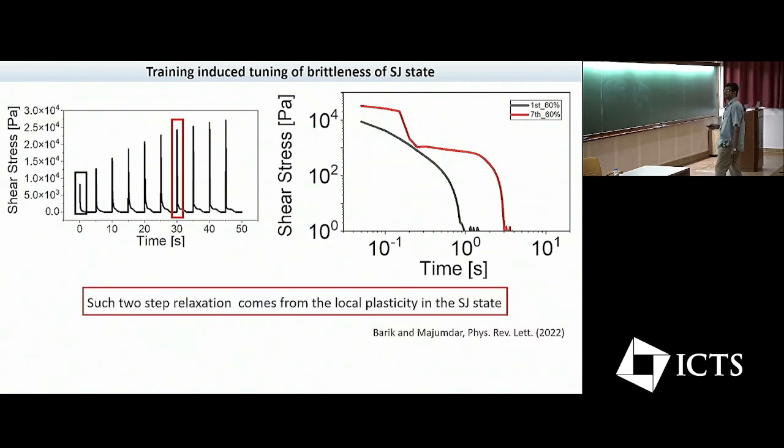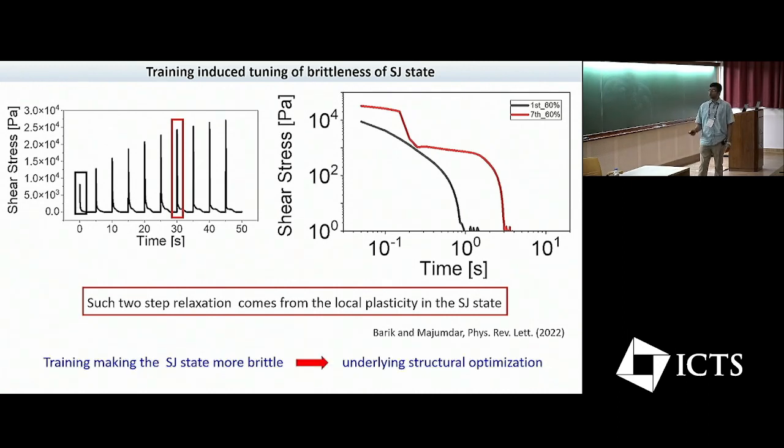From our earlier study, we learned that this 2-step relaxation in a shear jamming system is related to relaxation of plasticity. So it looks like this training, the application of repeated pulses, is making this shear jammed state more brittle.